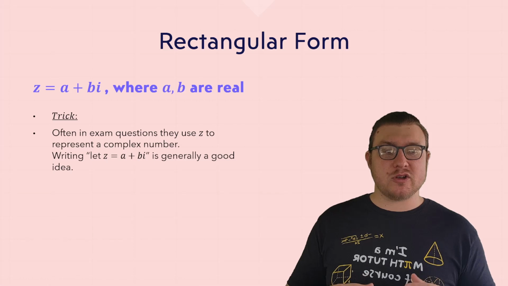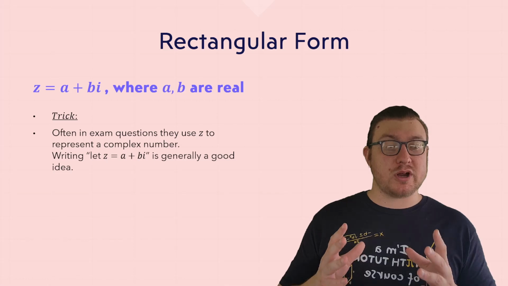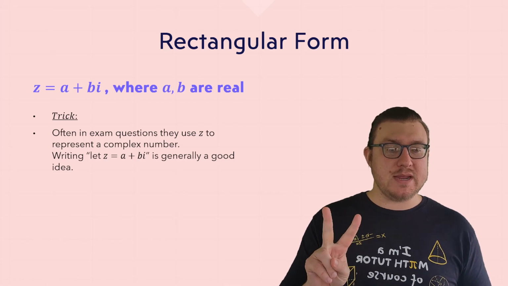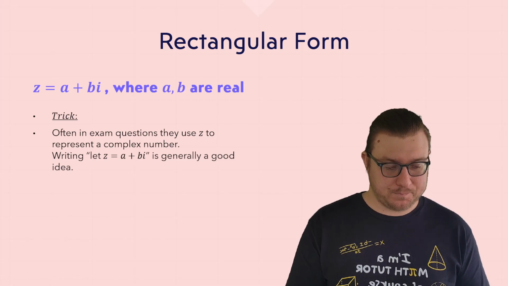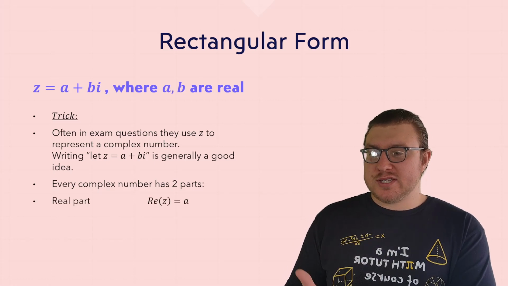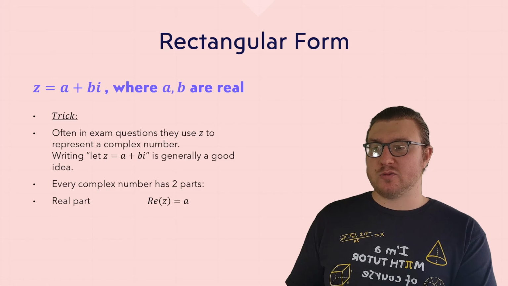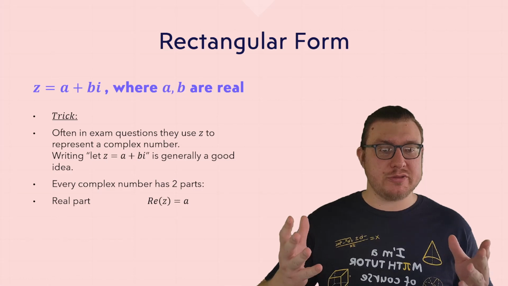The reason is that most of the algebra, most of the concepts that we do, require us to know a and b, the real and the imaginary parts of this complex number. So, just like we said, it has two parts. We have a real part, and make sure you recognize how we note it down.